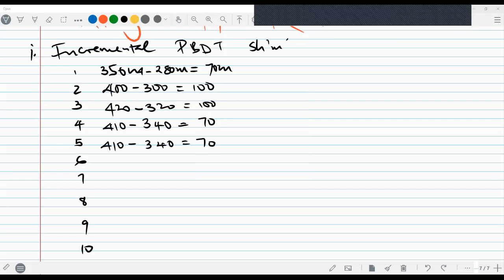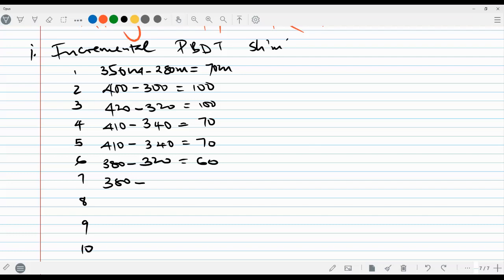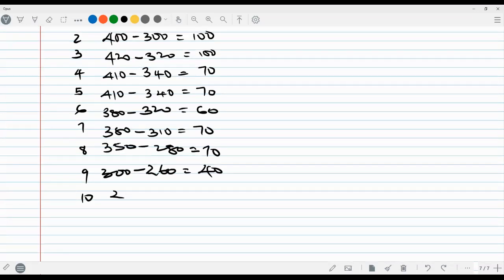Year 6, 380 minus 320. And the last year, year 10, 280 minus 240 to give us 40. Okay, that of course is our first working, to get the incremental profit before depreciation and tax.